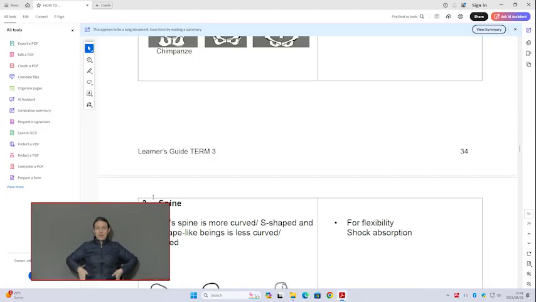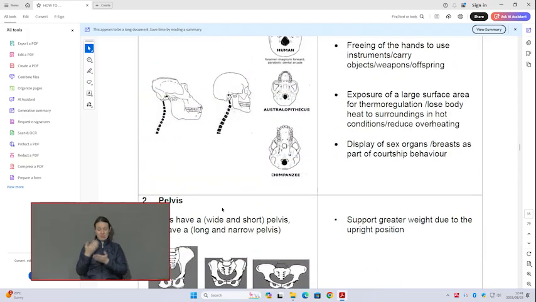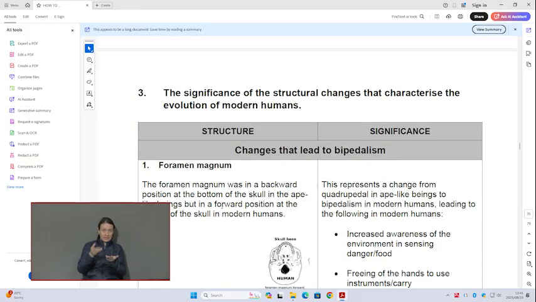So these are the changes that led to bipedalism. For us to know if an organism is bipedal, we look at 3 characteristics: the foramen magnum, the pelvis, and the spine. These 3 tell us if the organism is bipedal or not.